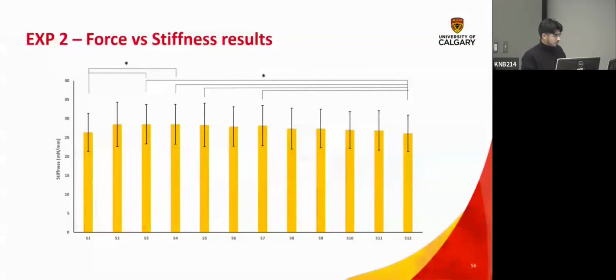This is for the active stretched muscles. This statistical analysis was done using ANOVA with the Bonferroni correction. The fact that there is a statistical difference is actually a big deal, because the Bonferroni correction is very conservative in trying to find differences between samples.